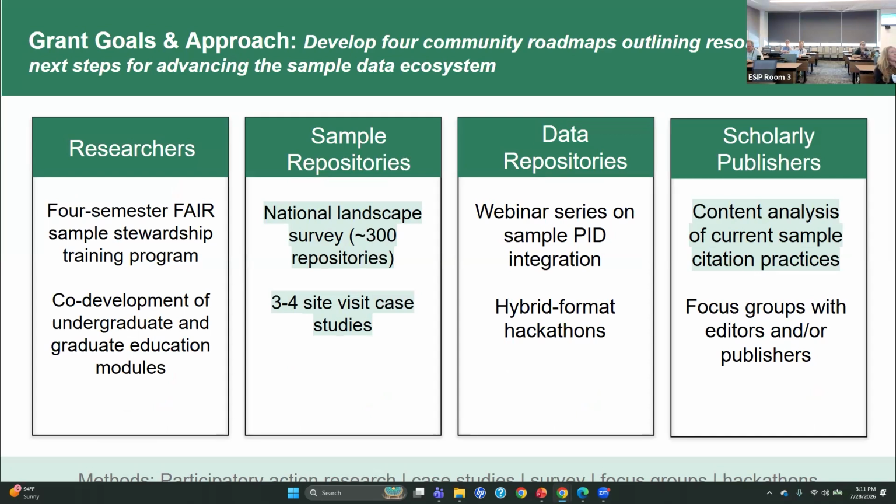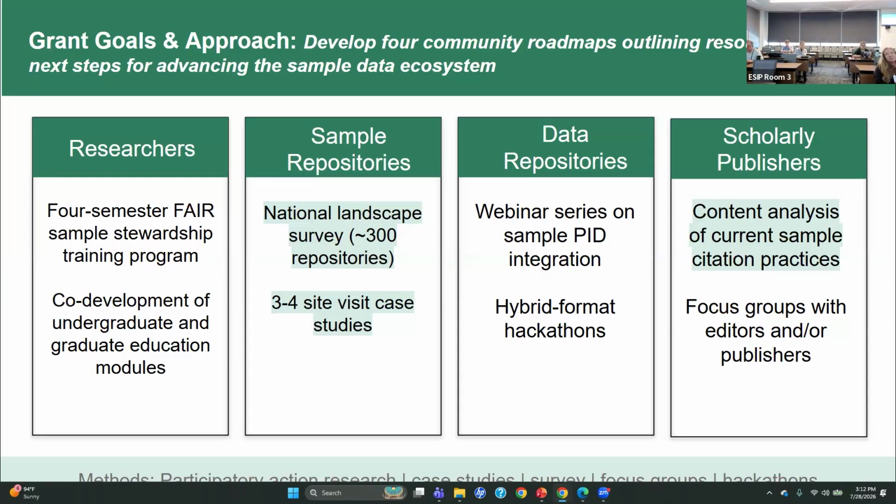So for researchers, what we're focused on, I think in the grant we called it professionalizing sample stewardship workflows. So getting researchers information and education about some basic best practices in sample management and sample identifier management. And the cornerstone of this work is a 4-semester FAIR sample stewardship training program.